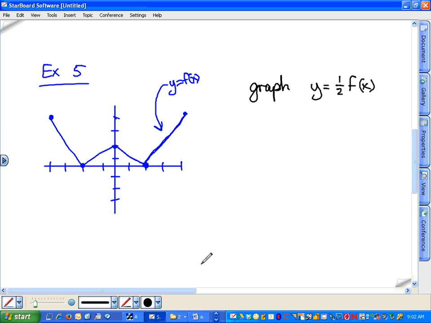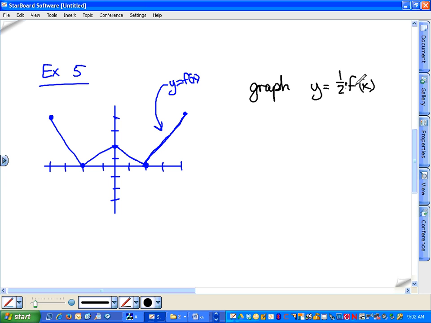And what's happening here? Is this inside or outside? It's outside. Is it multiplying f of x or is it adding to f of x? And that makes a big difference. Had I asked you to do this, 1/2 plus f of x, what would have occurred there? The whole graph would just move up by half of a unit. Okay, but here I'm asking you to do 1/2 times f of x.